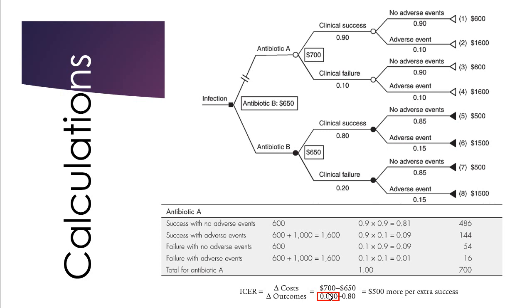The difference in the expected costs is the $700 in that chance node minus the 650 expected cost in antibiotic B, and that is in your numerator. $50 divided by 0.1 is a total of $500 more per extra success that you're paying. Extra success defined in terms of extra success in clinical success, right, per additional patient that achieves additional success.